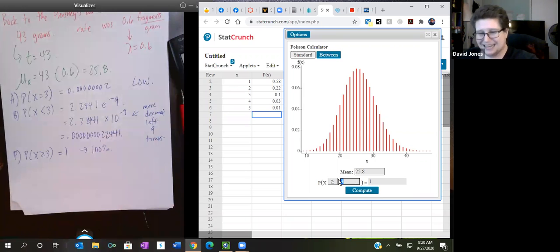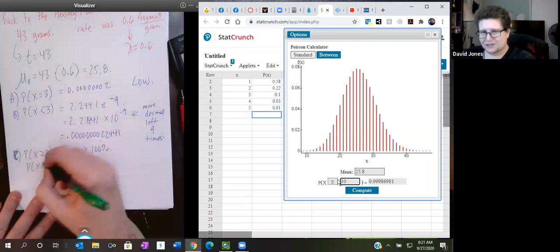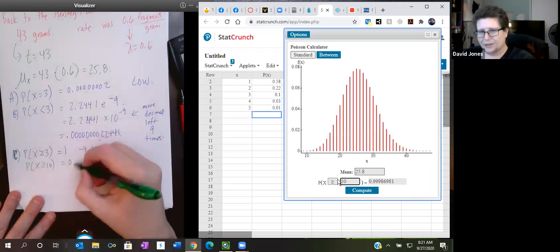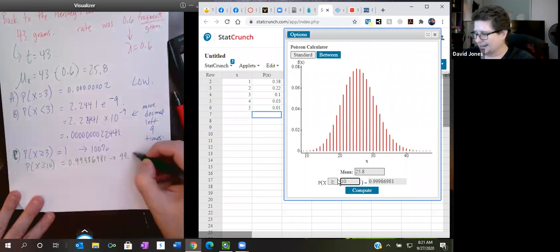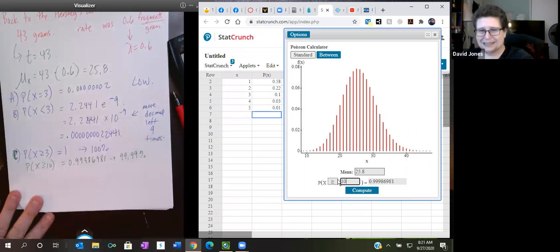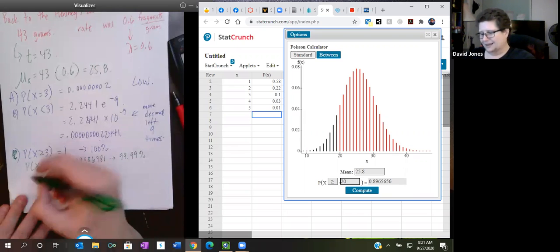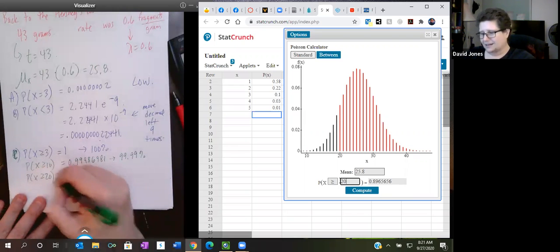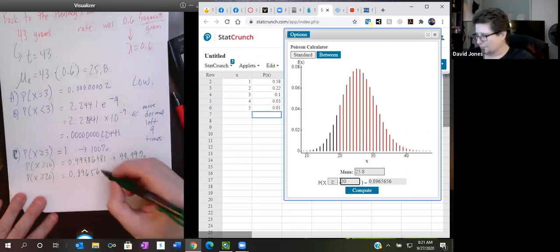What if I make it like 10? Oh God, look at that. Probability that X is greater than or equal to 10 is 0.999866981, or 99.99% chance that there's 10 or more fragments. 20: 0.8965, looks like the 6.5s keep repeating.